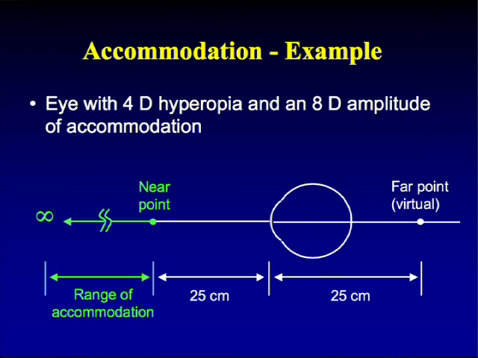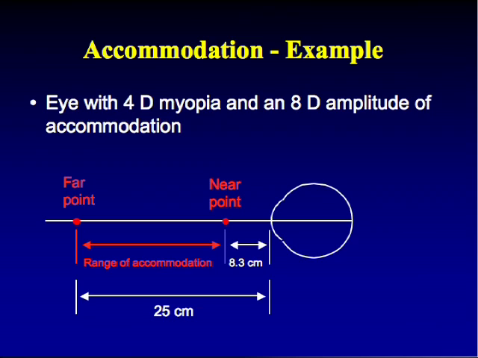Now let's look at a second patient who also has an 8 diopter amplitude of accommodation, but now has 4 diopters of myopia to start with. In that case, the far point, the point with accommodation fully relaxed, is going to be 1/4 diopters, or 25 centimeters away, since they're a 4 diopter myope. That gives them a 4 diopter head start, so to speak, on accommodation. So we take the 4 that's already built into their eye plus 8 that they can apply, and that's 12 diopters total. 1/12 diopters is 0.083 meters, or 8.3 centimeters away.